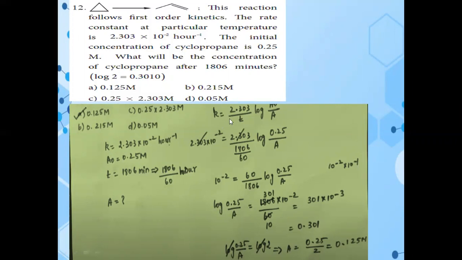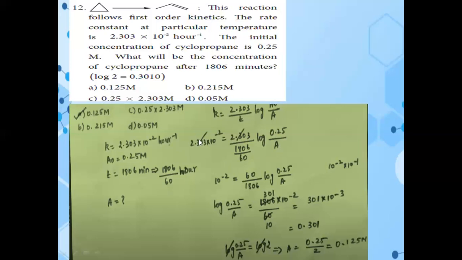Next, we are going to substitute all the data in the formula. K is equal to 2.303 divided by t, log of A naught divided by A. So here K value is 2.303 × 10 power minus 2 equal to 2.303 divided by t value 1806 divided by 60, log of A naught value 0.25 divided by A. Only A we are going to calculate.